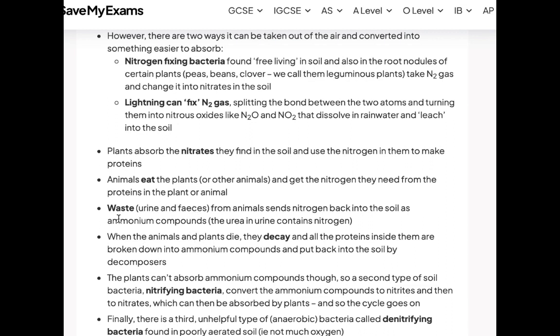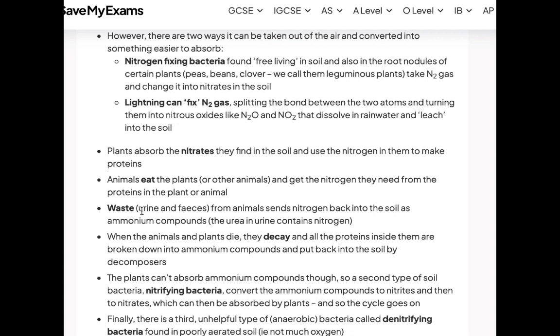Now the waste from the animal, the urine and the feces, sends nitrogen back into the soil in the form of an ammonia compound. When the animal eats the plant, it eats the nitrogen from the protein of the plant.